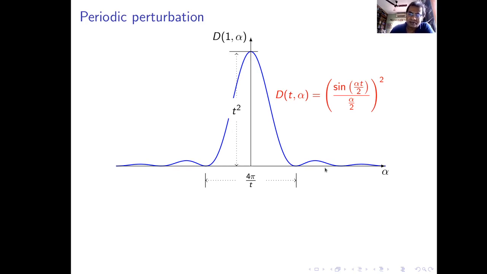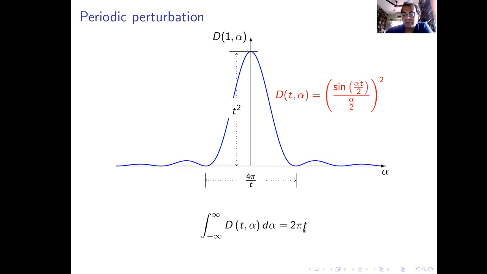One thing is clear: when you make t very large, the height of this graph becomes very big and the width becomes very small. So what we are getting here is basically something which looks like a delta function. That's supported by the fact that when you do the integration here, you end up with a constant, 2 pi t.